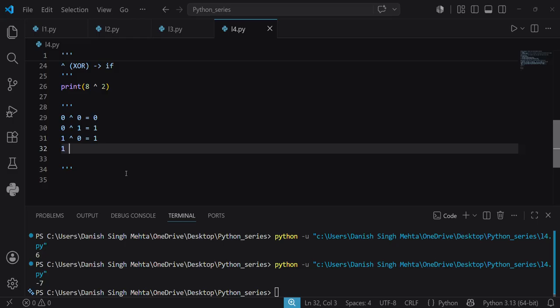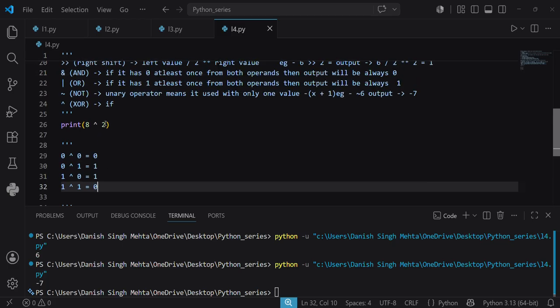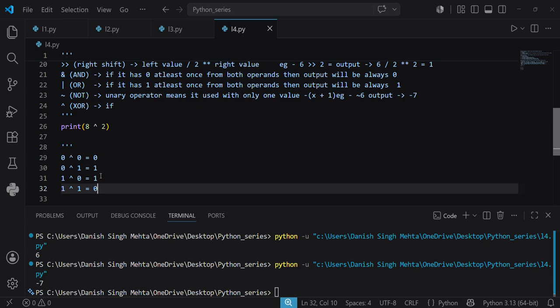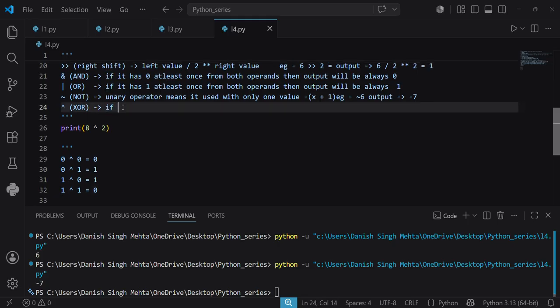And 1 XOR 1 is 0. So basically what you can observe is that when the two operands are equal to each other, then our value becomes 0. And if they are different, like 0 and 1 or 1 and 0, then our result becomes 1. So this is how the XOR operator works.